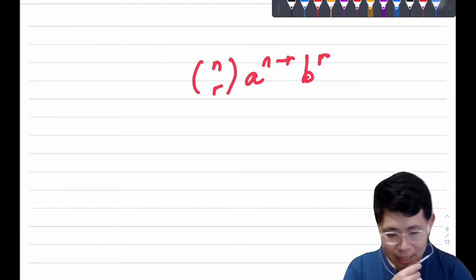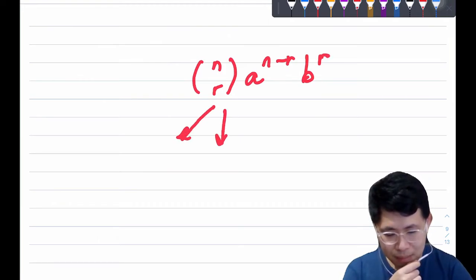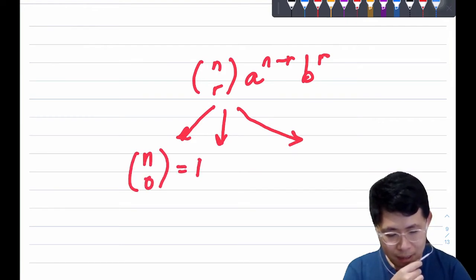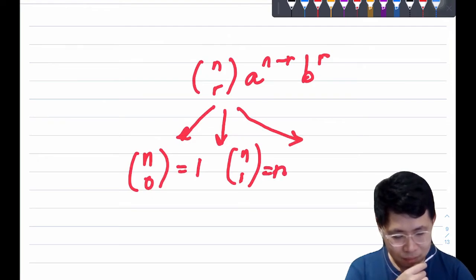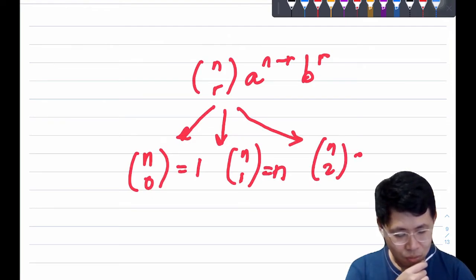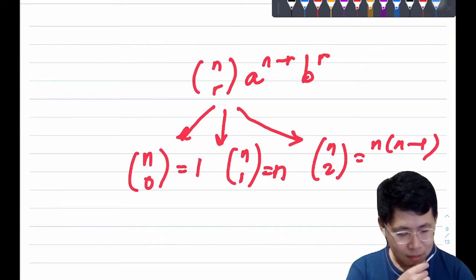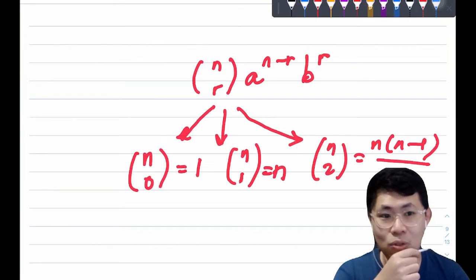At the same time, we need to know some standard results for n choose r in case n is unknown. So n choose 2 would be like this. It'll be good to memorize.